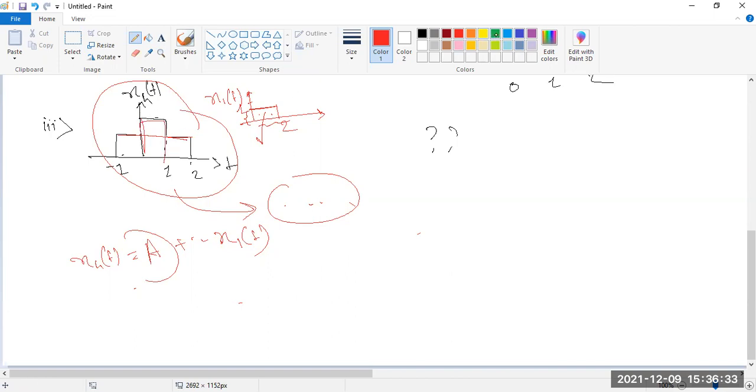If these two signals are merged over here, then we can get this type of signal. But how could I merge this? There may be many ways, but we have to choose a way so that we can represent it in this form.